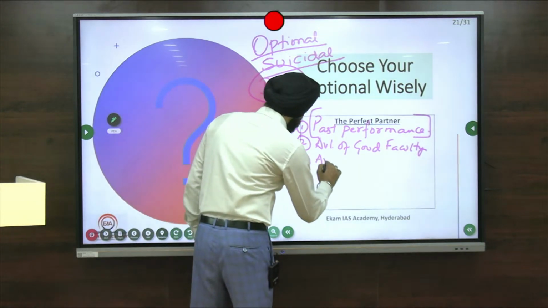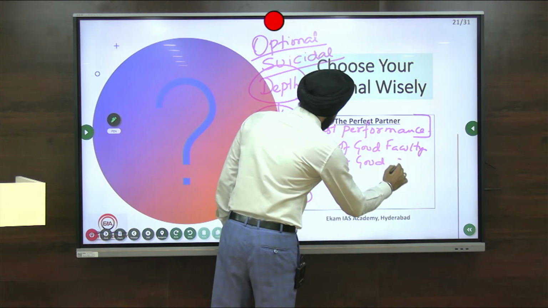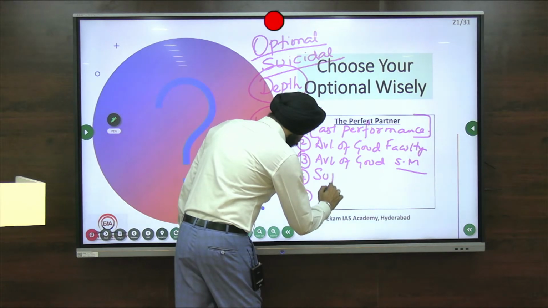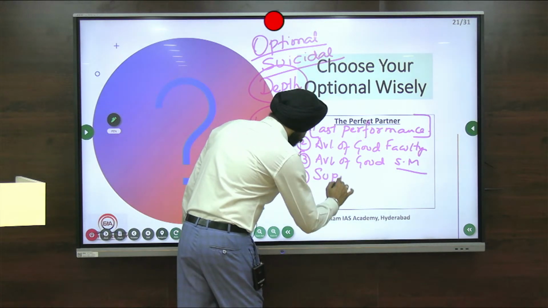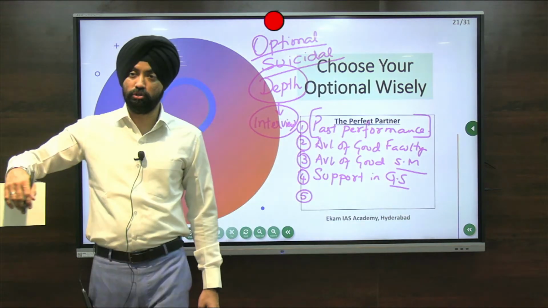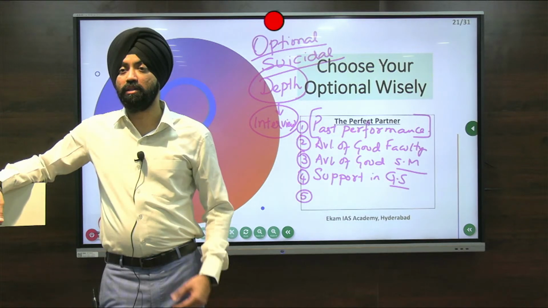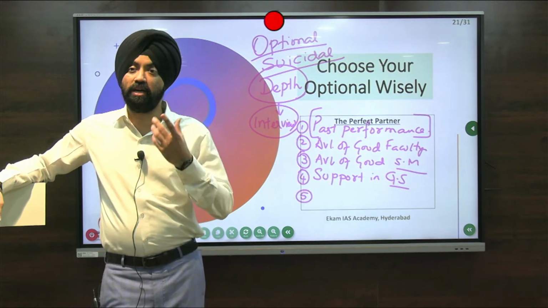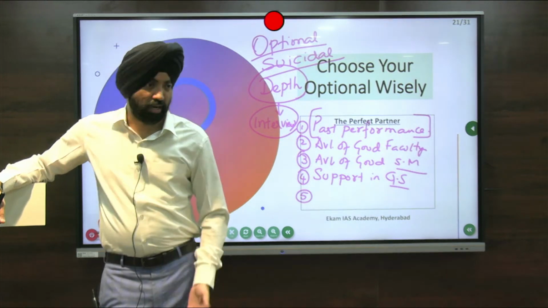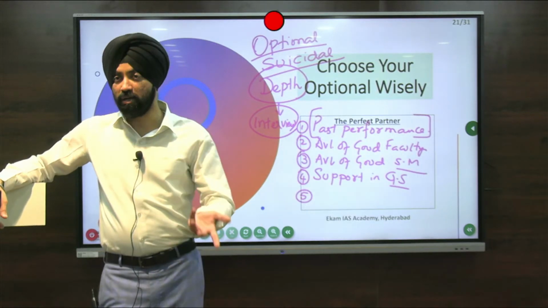Then availability of good study material. This is also one important factor, right? One of the most important factors is support in GS. Very, very important dimension. The reason why many of the students opt for public administration as their optional is the support it gives to the international relations paper, the Indian polity paper; governance as a dimension gets completely covered when you take public administration as an optional.